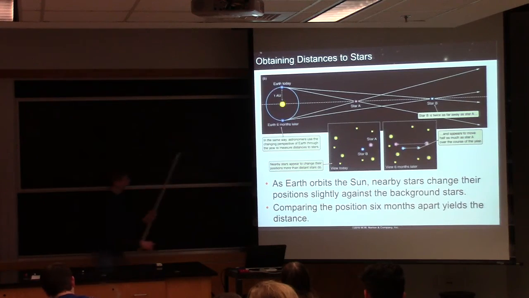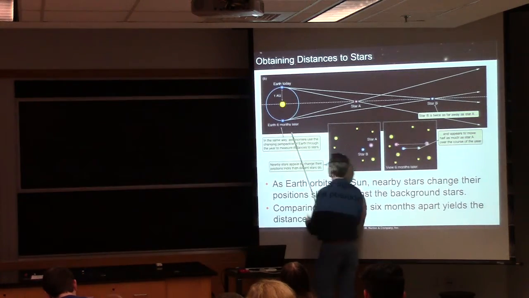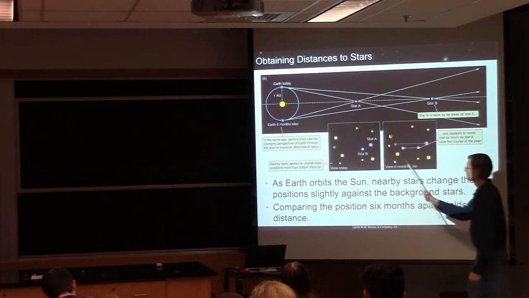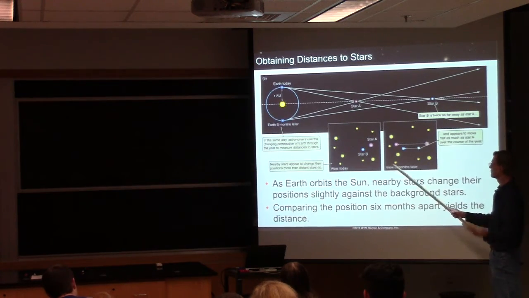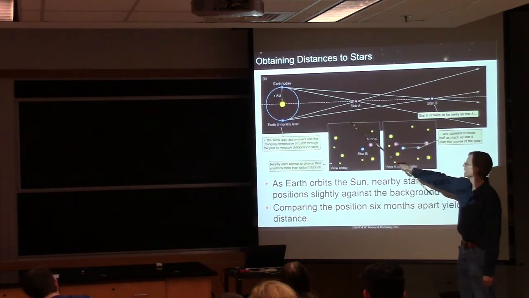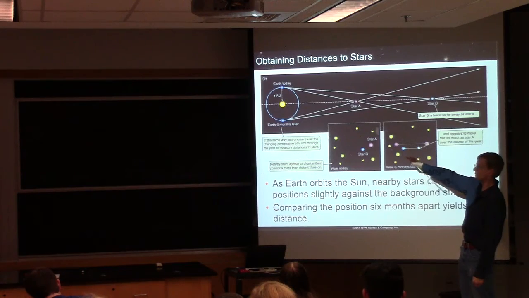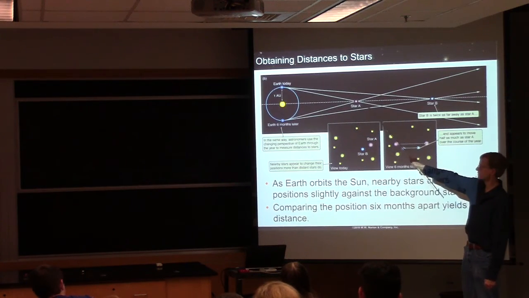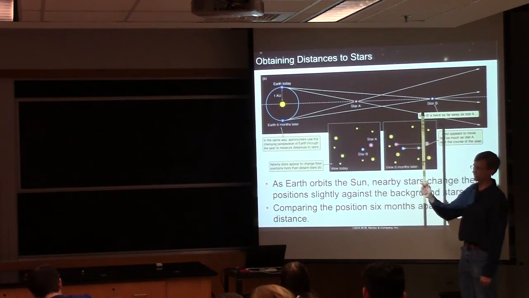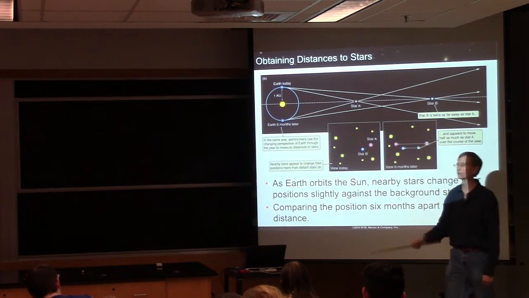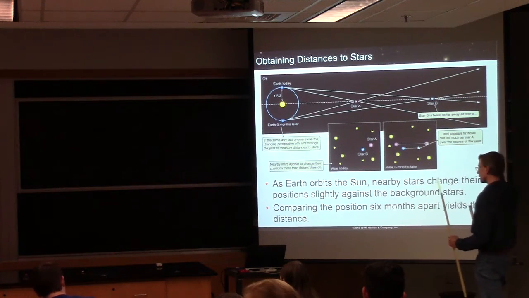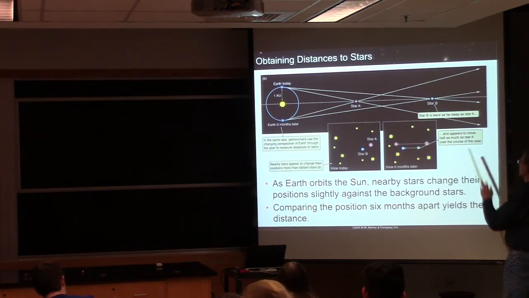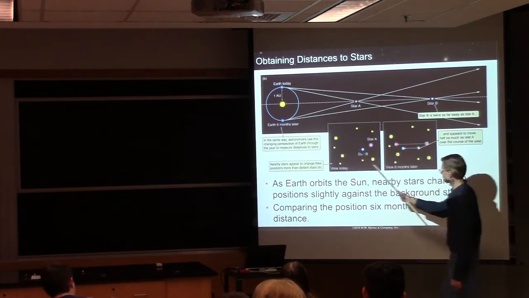If you observe a relatively nearby star, and again, I have to emphasize, stars are way, way, way farther away from us compared to our distance from the sun than this. Even the nearest star is like 300,000 times further away from us than the sun is. So this is exaggerated for clarity.